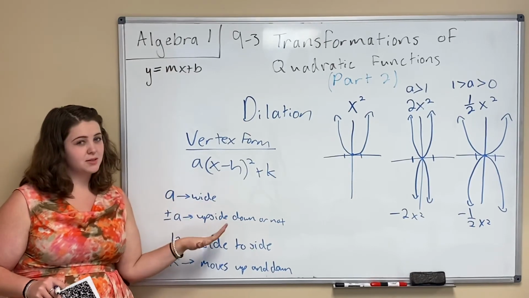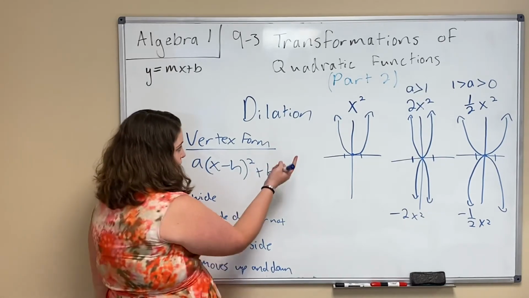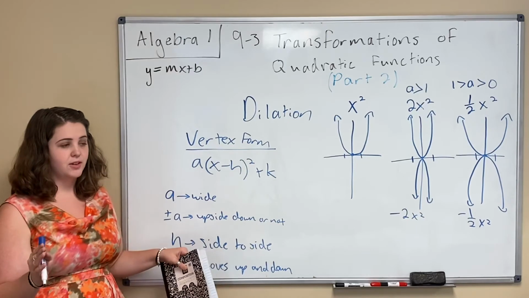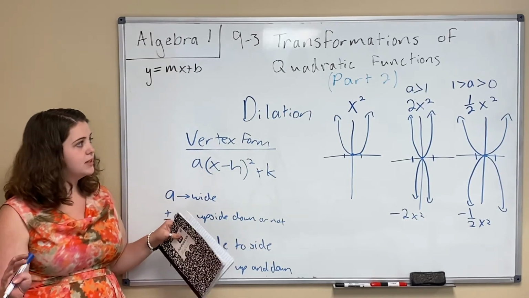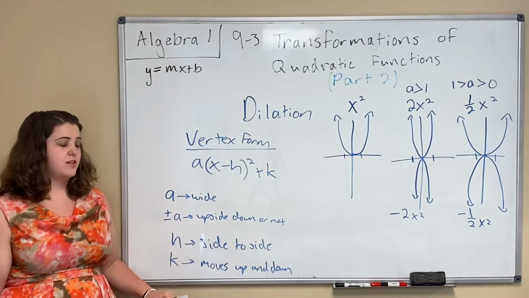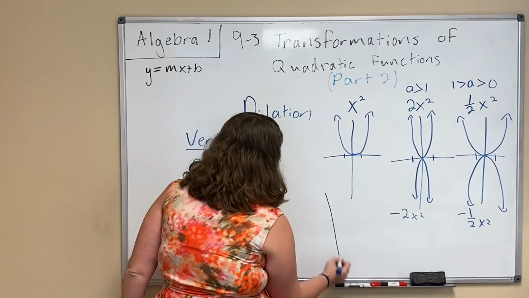One of the main things that we're going to be doing on this homework assignment is I'm going to put a graph there for you, and it's going to have multiple choices of what the equation of that graph will be, and you're going to have to figure it out. One of the ways that you can do that is by looking for all of these things.